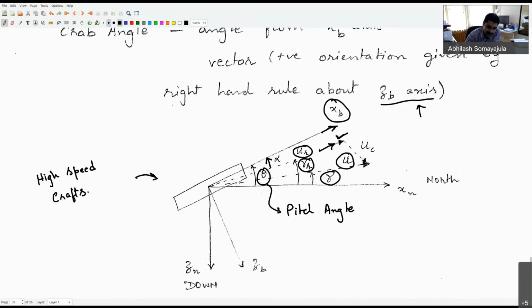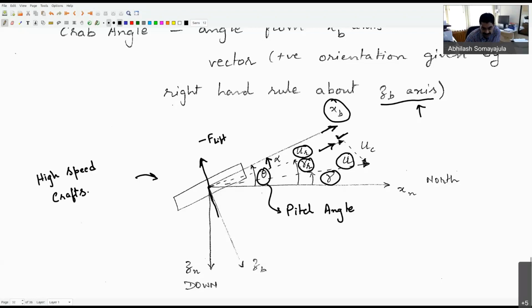Will it act in this way or this way? First one. This one, right? Yeah. And that will be opposite to your z-axis. Yes. So that is why the negative sign for the lift force.